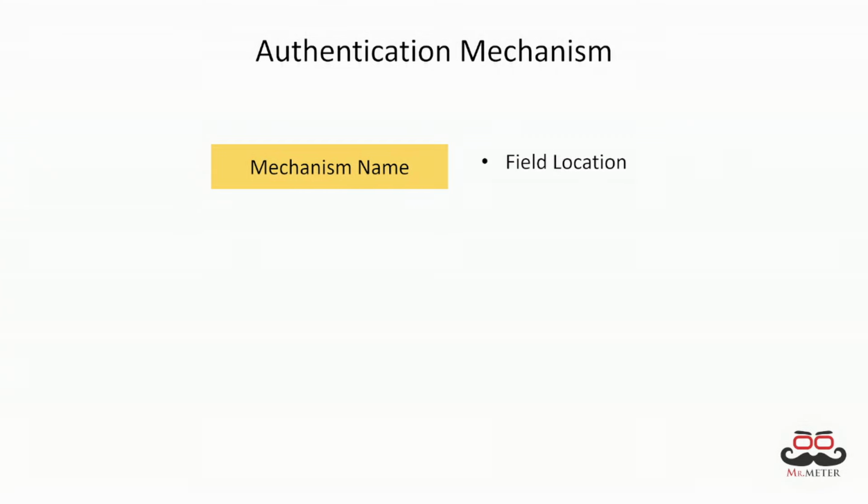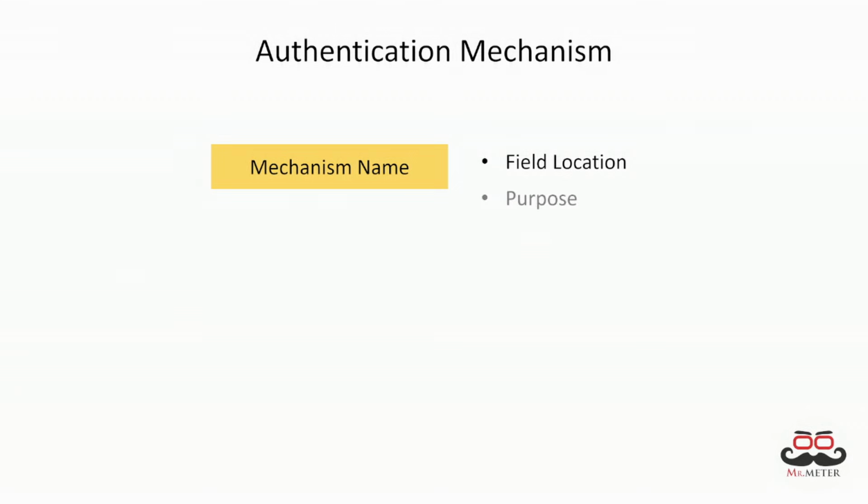Okay, the first part is the field location. Mechanism name is part of the authentication information within the PDU or protocol data unit of the AARQ packet. It follows specific encoding rules defined in the DLMS COSEM standard.